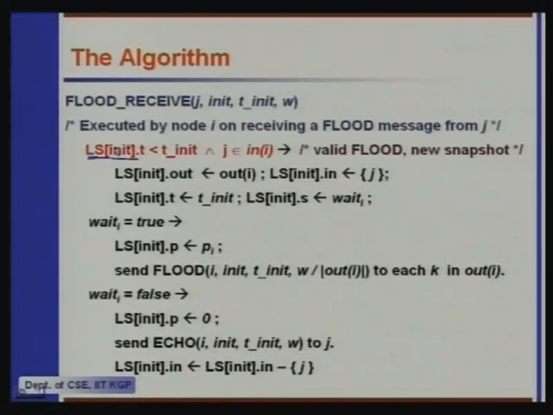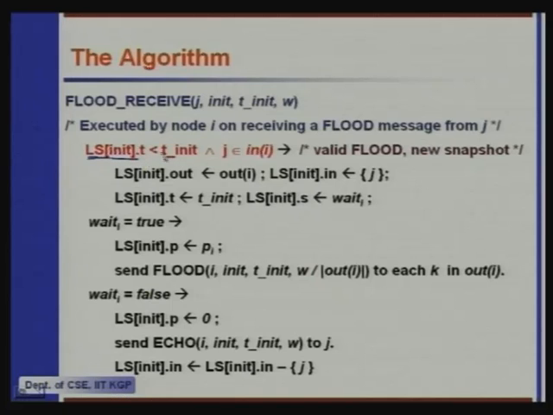For waves initiated by him, I have lsi. For waves initiated by him, I have lsj. Now, what is ls init dot t? It is the timestamp of the last wave that was received with init as the initiator.